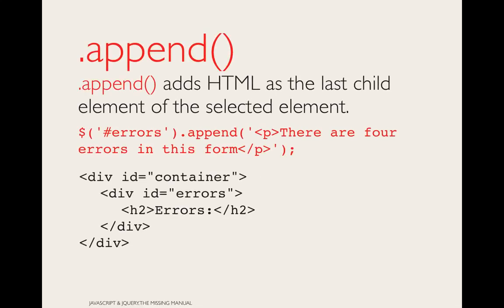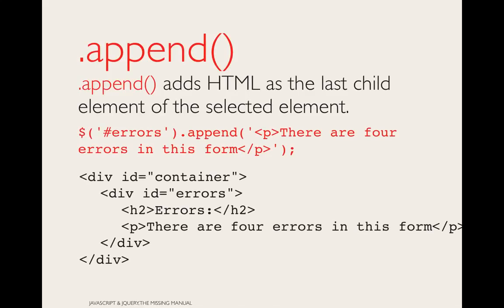Append. We've got an error selected. We're going to append a paragraph. There are 4 errors in this form. We're going to add it to the end, right before the end of the errors. So you see the errors ID div there with an H2 following it. It should sneak in right after the H2. So let's check it out.